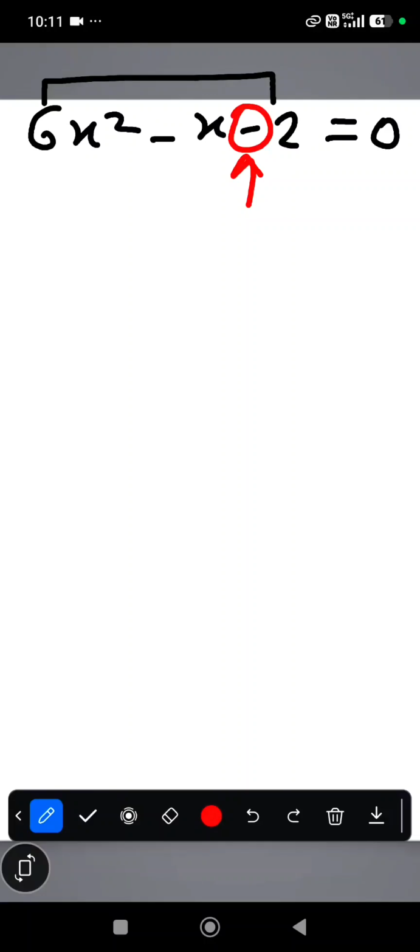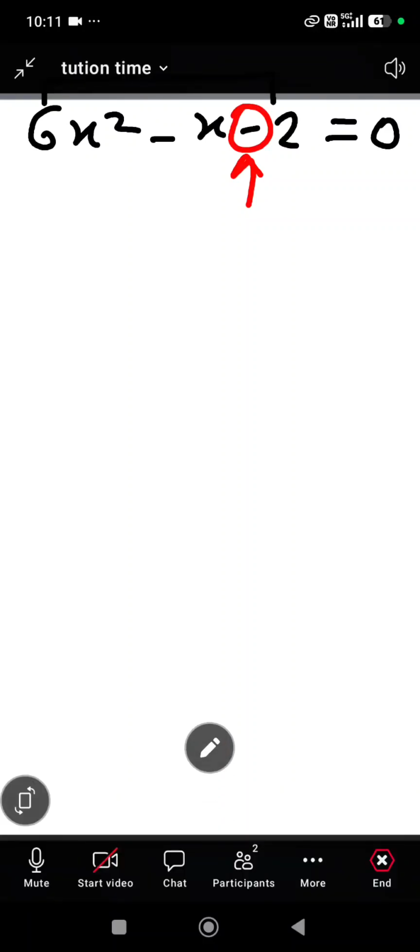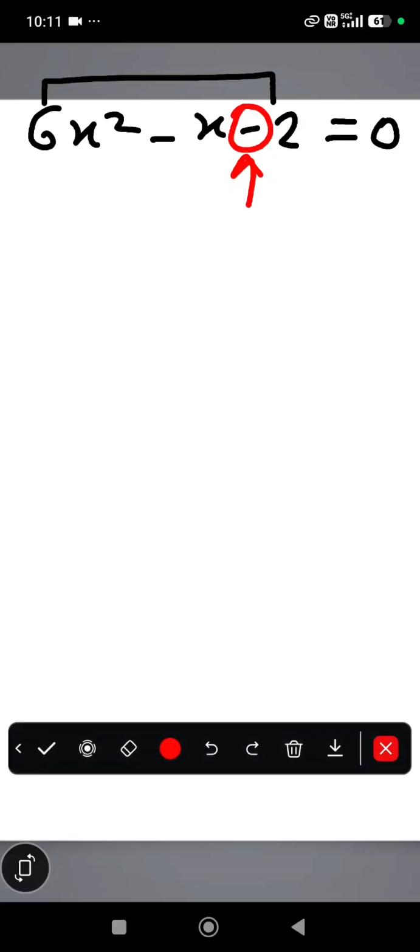Choose any two numbers whose multiplication is 12 and their difference is 1. So we can take 4 and 3.